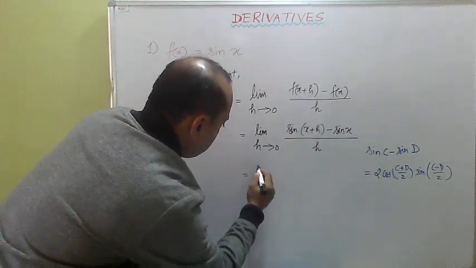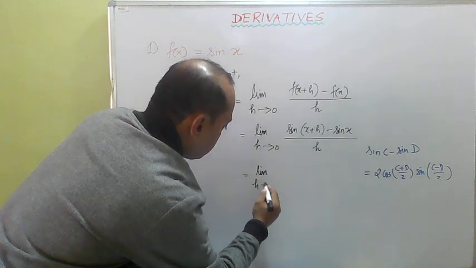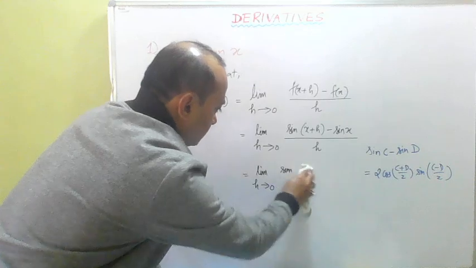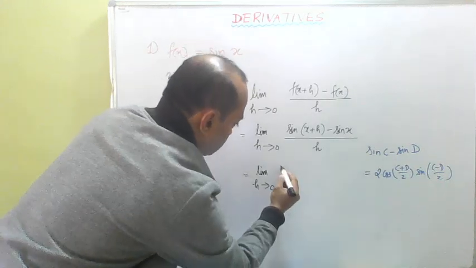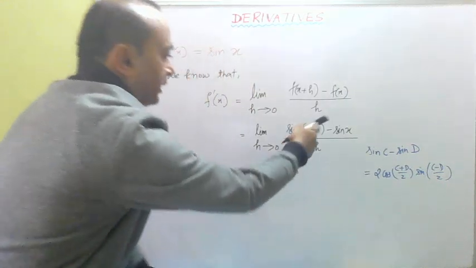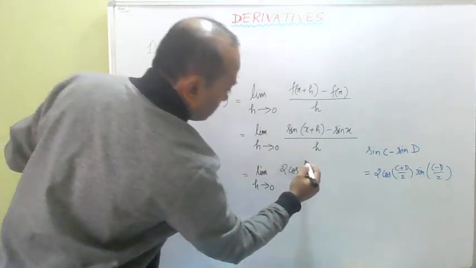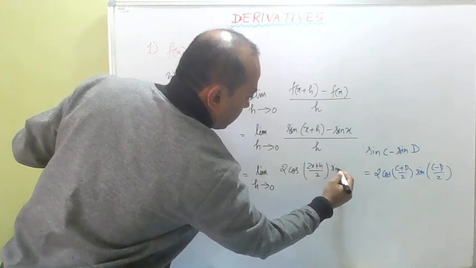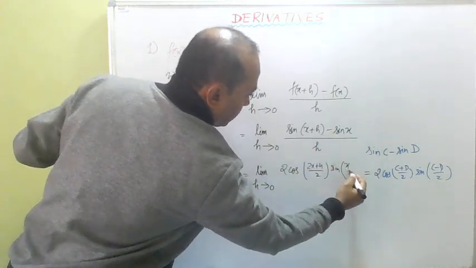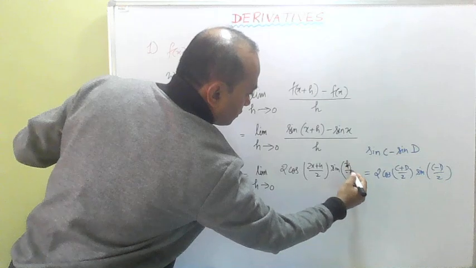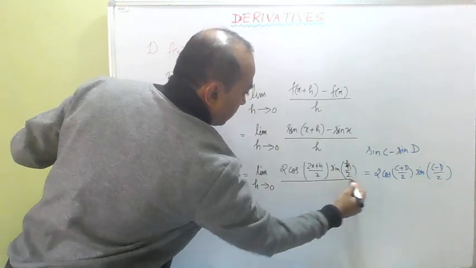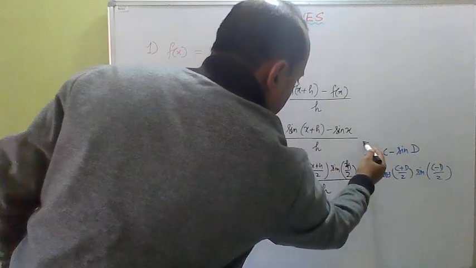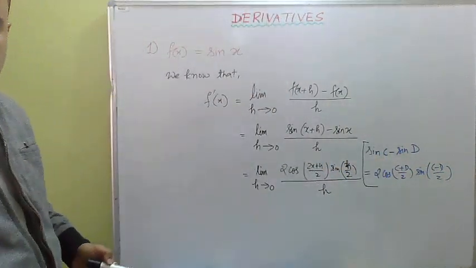That is, we will write down limit of h tends to 0, sorry, it is not sin, it is 2 cos((x plus h plus x) by 2), that is (2x plus h) by 2, and sin((x plus h minus x) by 2), that is h by 2, divided by h. So we have directly applied the formula that we have written on the right hand side.